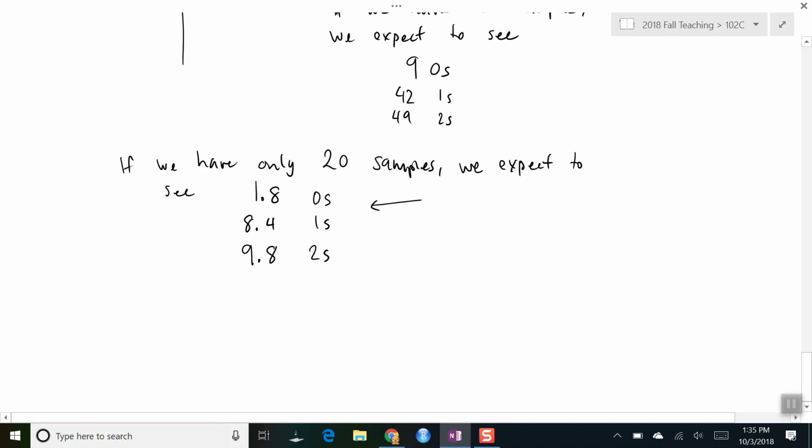But expected means that if somebody else took 20 and another person took 20, in the long run, the count of zeros would be 1.8. That's what we're expecting. We would not be able to do the chi-squared goodness of fit test because our expected count is less than 5.